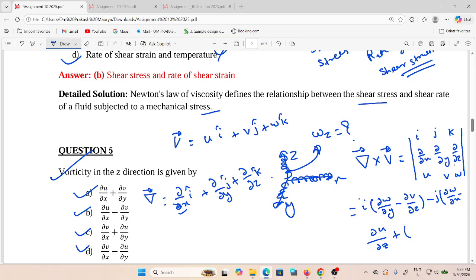Plus, for k, you multiply between these two: del v by del x minus del u by del y.